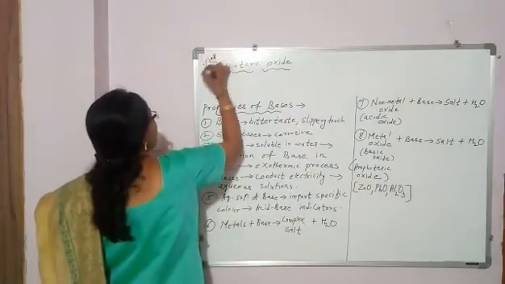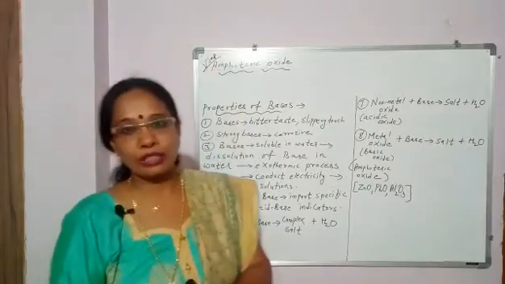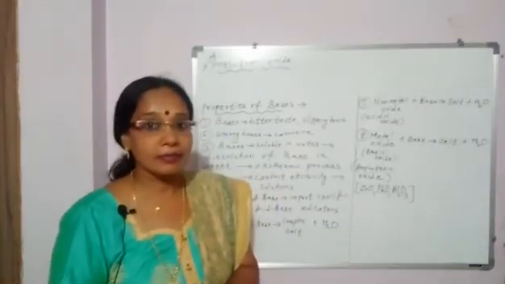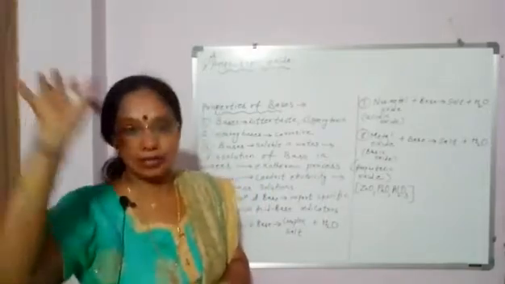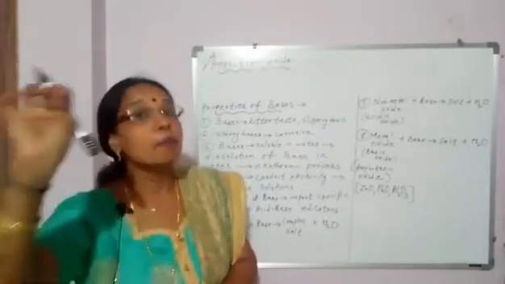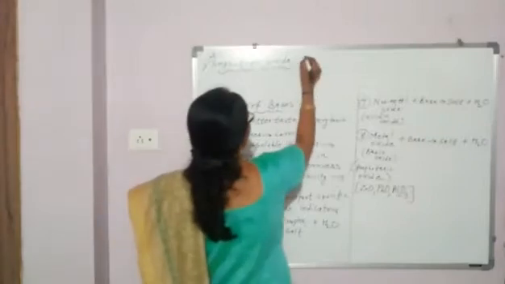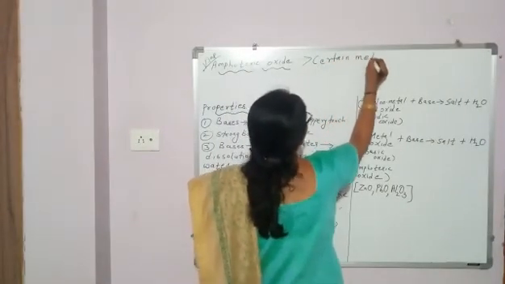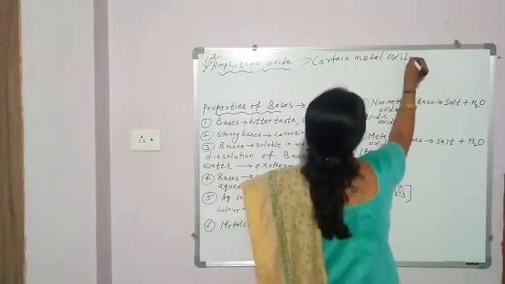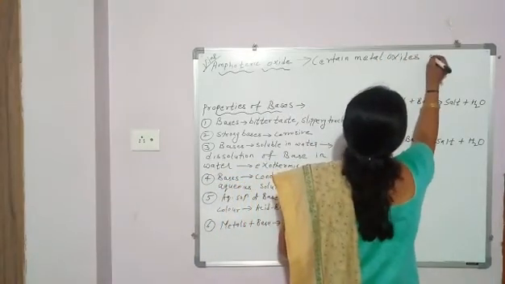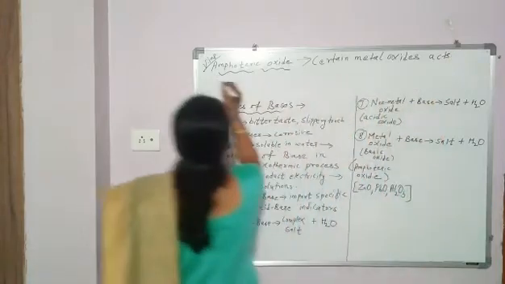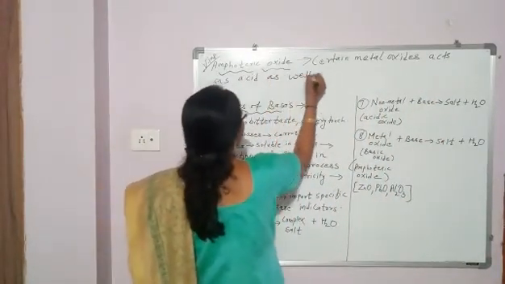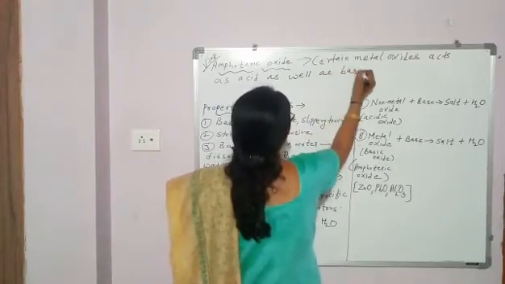Question is asked to write the definition, and also give an example of amphoteric oxide. So what are amphoteric oxides? They are certain metal oxides, not all. Certain metal oxides which act as acid as well as base.